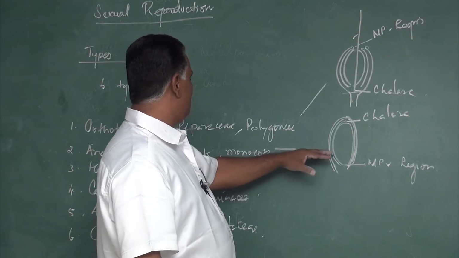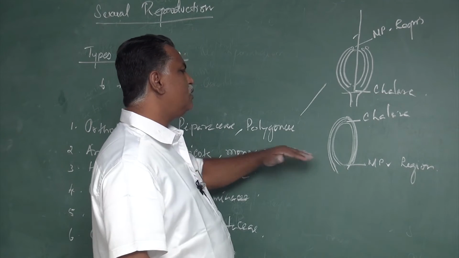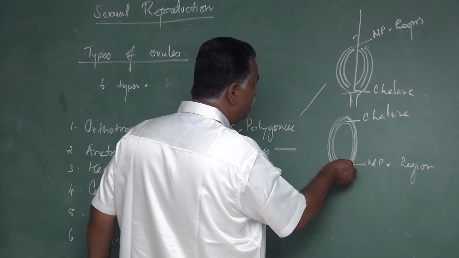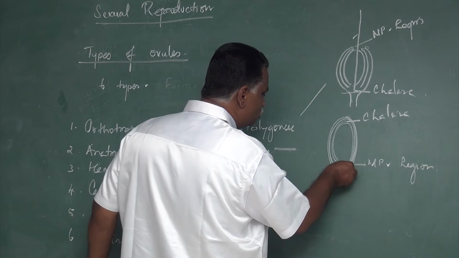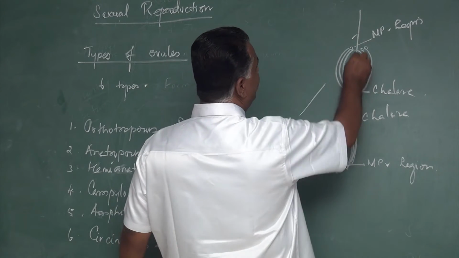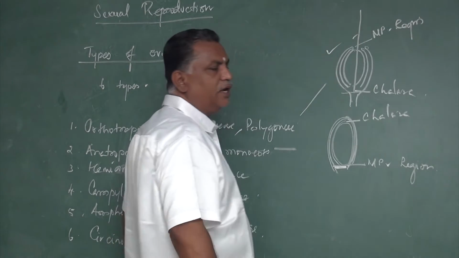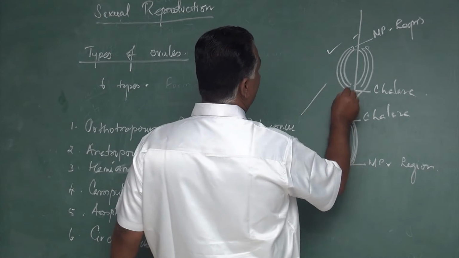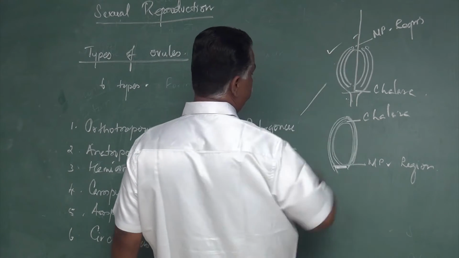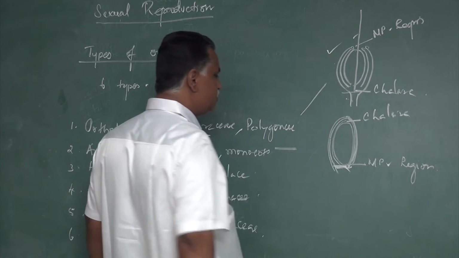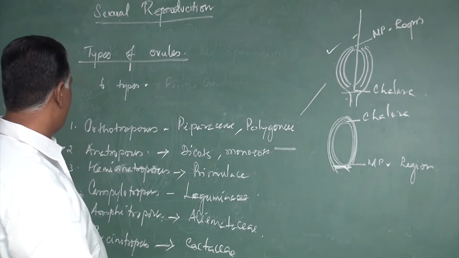This is found in most dicots and monocots. In the orthotropous ovule the distance between the funicle and micropyle is more, but here the distance between the micropylar region and the funicle is very less, almost close.